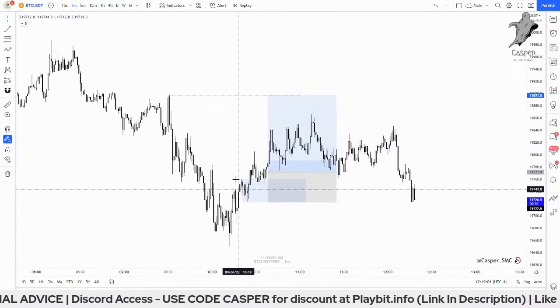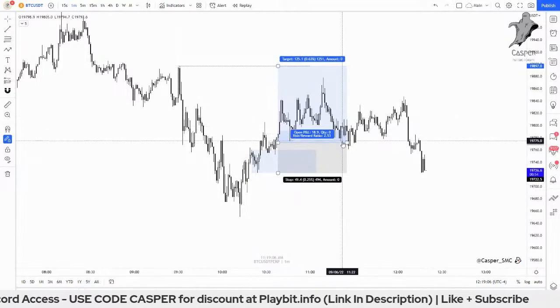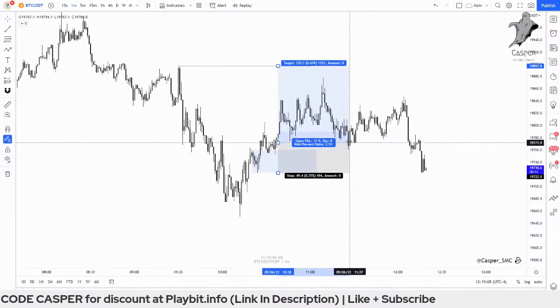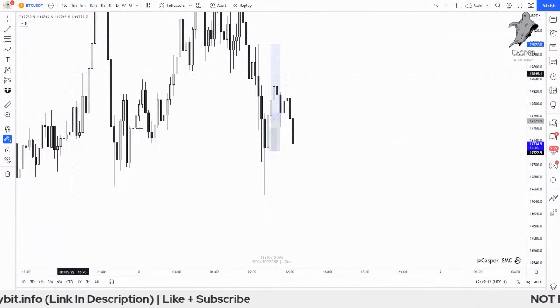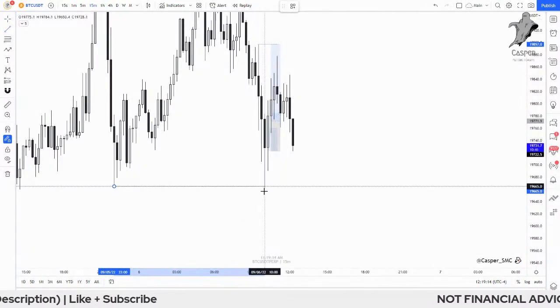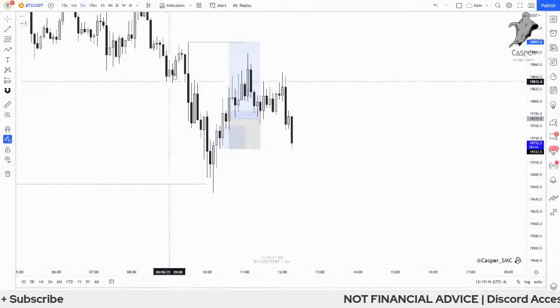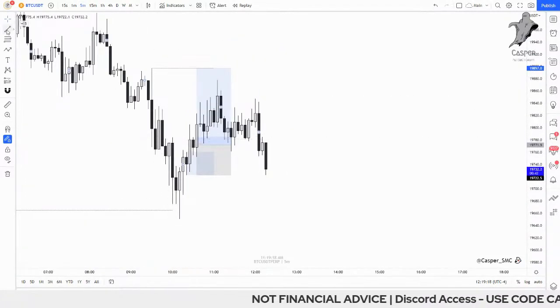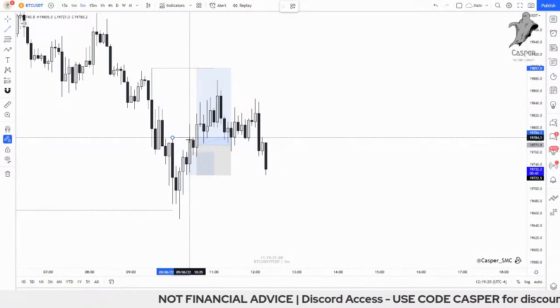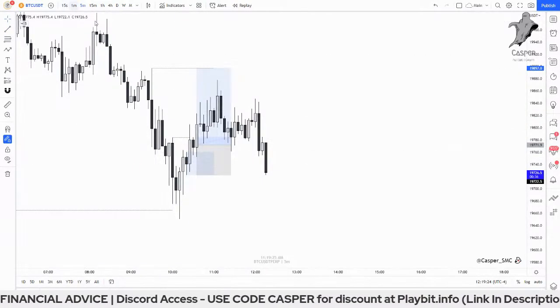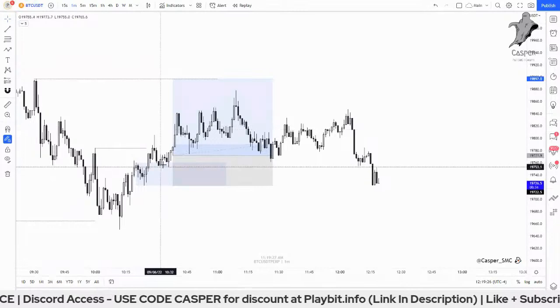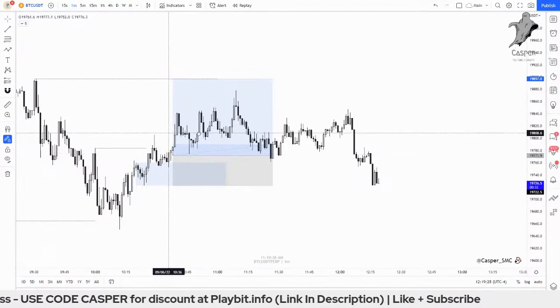The reason I plotted this or had the idea was because price had come under a 15-minute low right there, and then the 5-minute had a break of structure, well, a change of character, I guess you'd say, right there. And I looked at this little flip zone, and after that flip zone, price saw nice little displacement coming out.